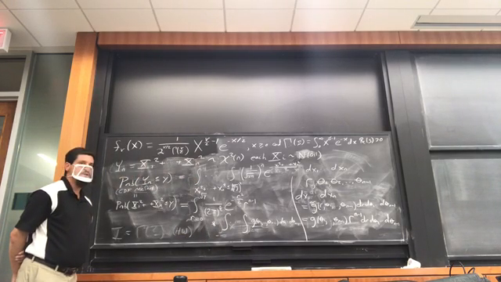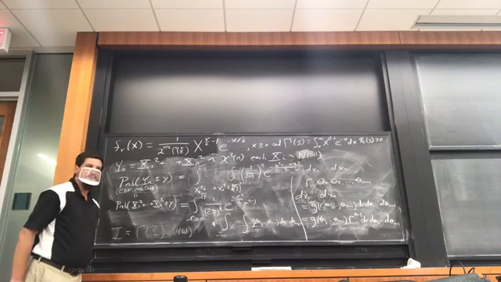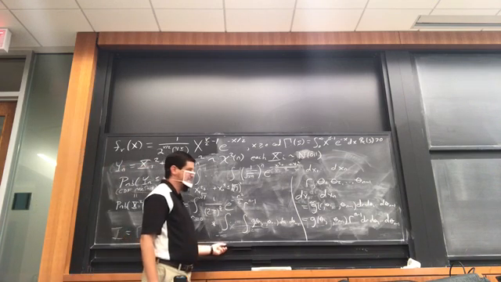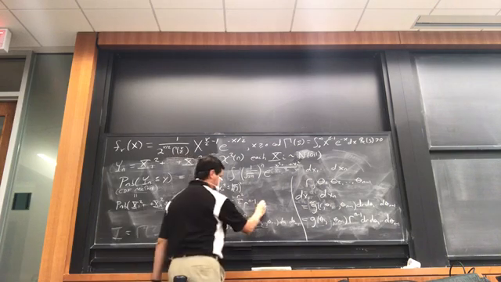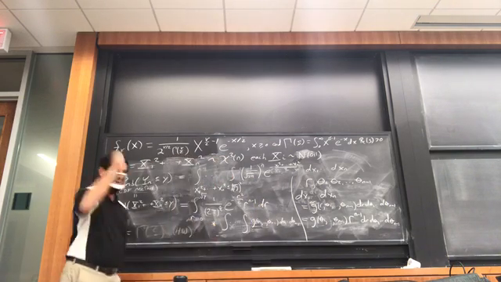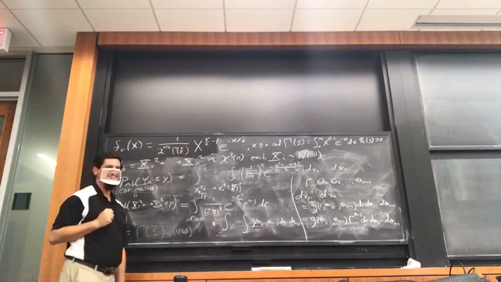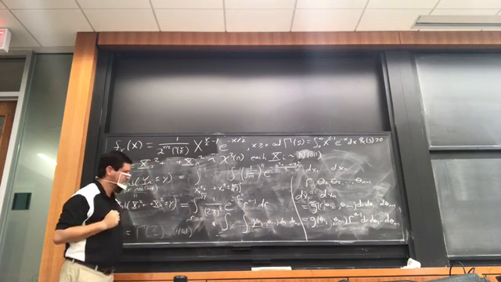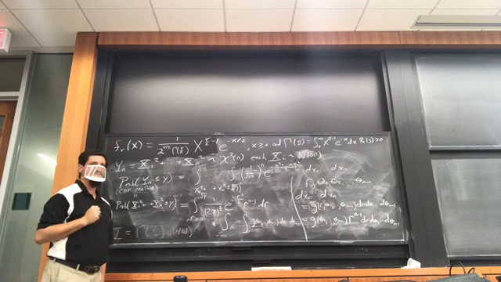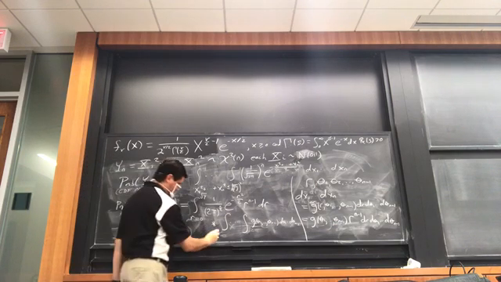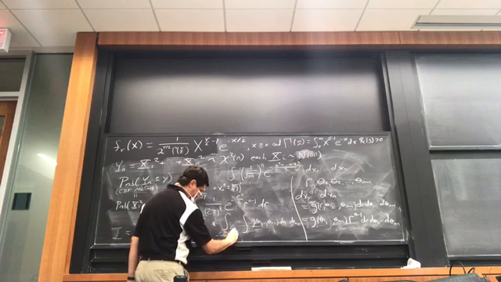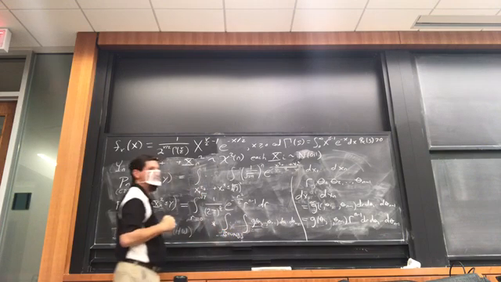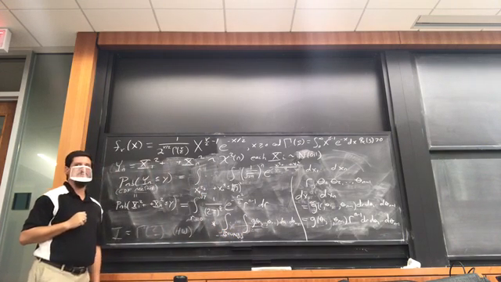Okay? What is missing right now? dr. Okay? Now what's missing? If you want to do this integration, what's missing? Bounds. Okay, good. Now we have bounds.